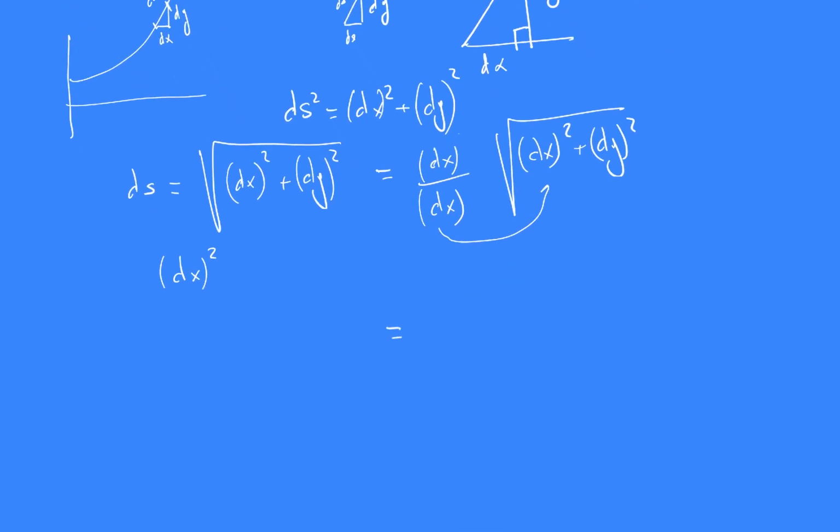So it will be dx times the square root of dx squared divided by dx squared plus dy squared divided by dx squared.